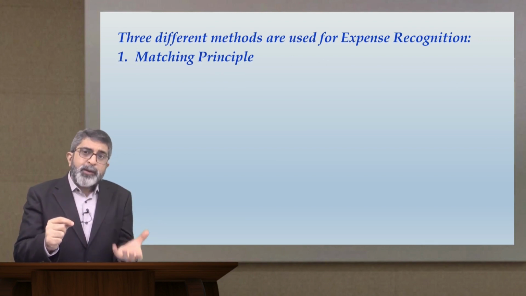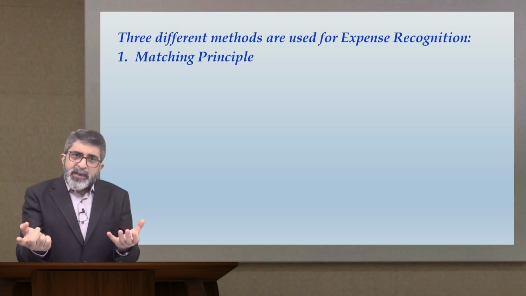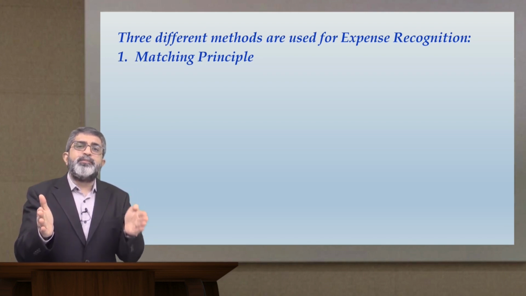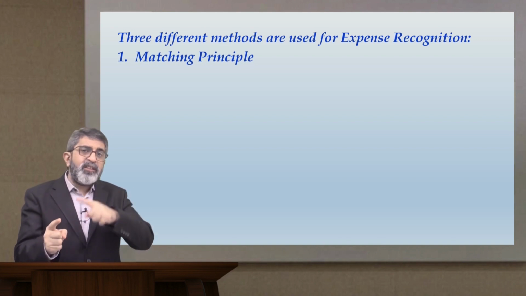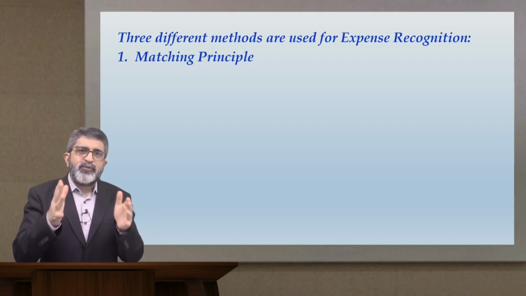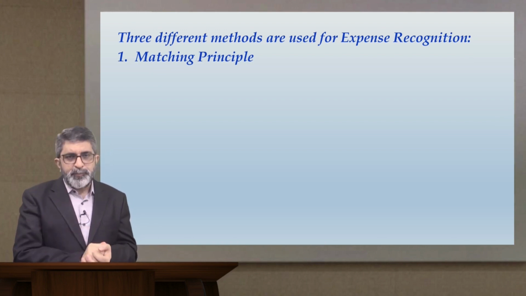So, in whichever period you are obtaining or consuming that benefit, in that period you recognize the expense. Match the expense with the corresponding benefits. I repeat again, match the expenses with the corresponding economic benefits. That is what we call as matching concept or matching principle.